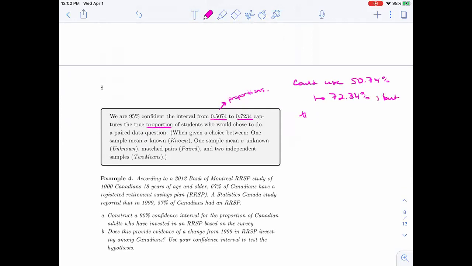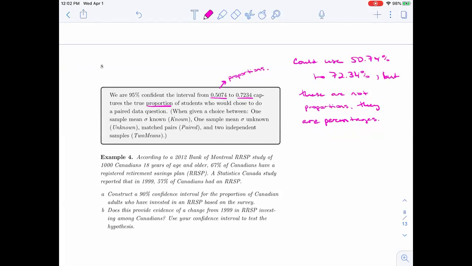But these are not proportions, they are percentages. So you have to be really careful when you're talking about proportions. You don't want to convert them to percentages because they're different, right?